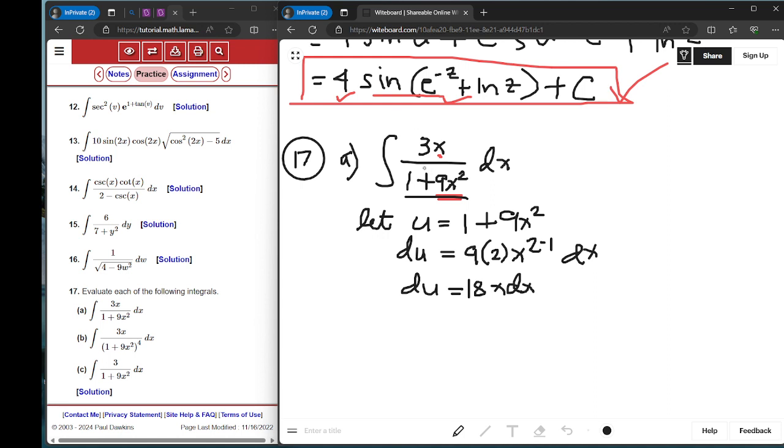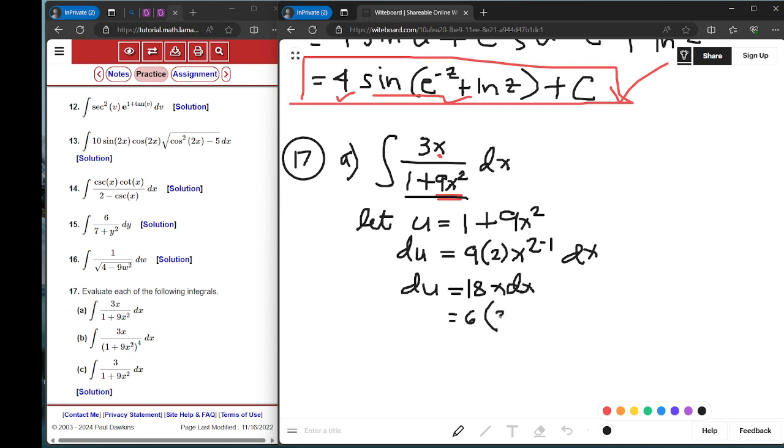Supposedly, we can move 3 outside the integral sign. But here, if we notice, 18 is divisible by 3. So 18 divided by 3 is 6.